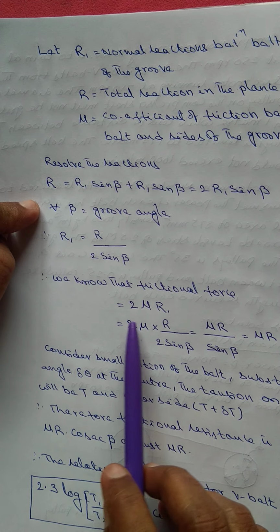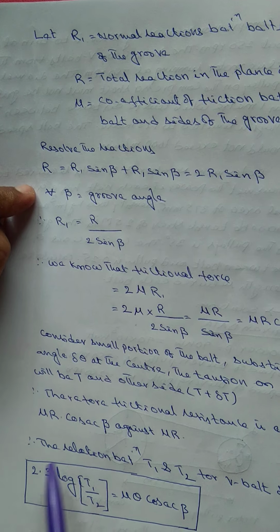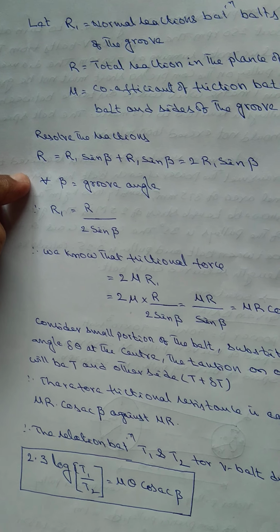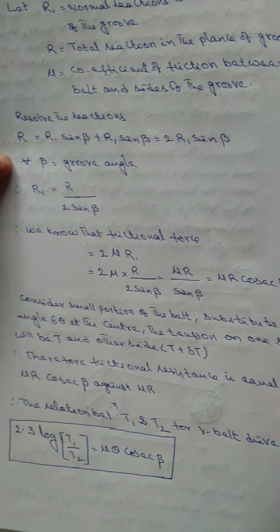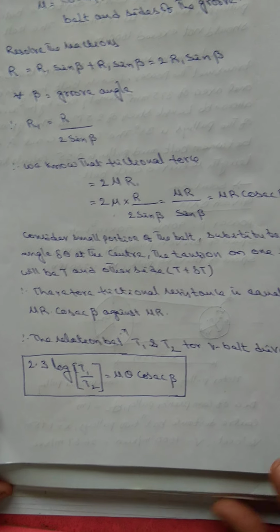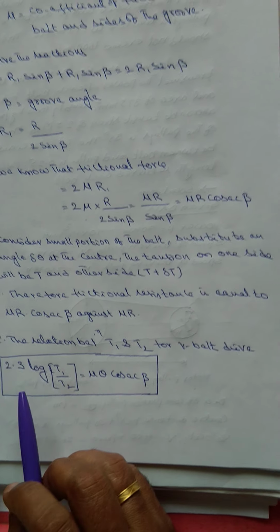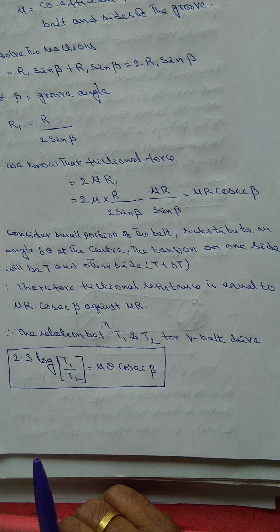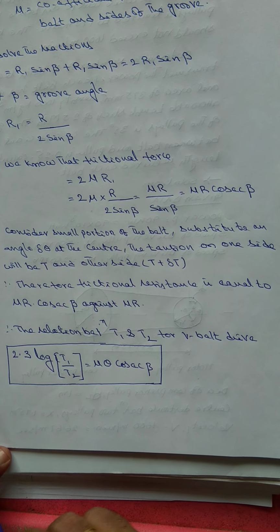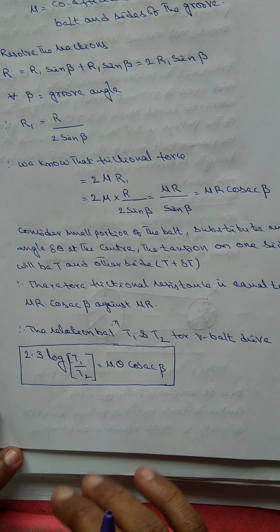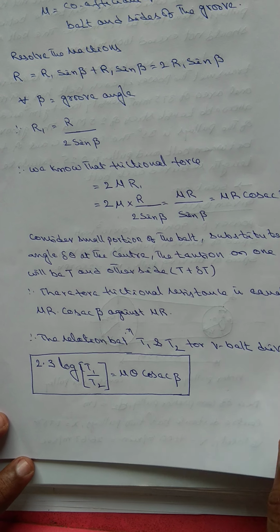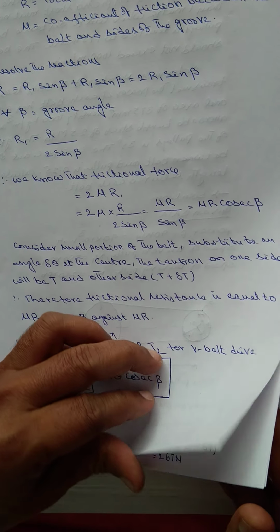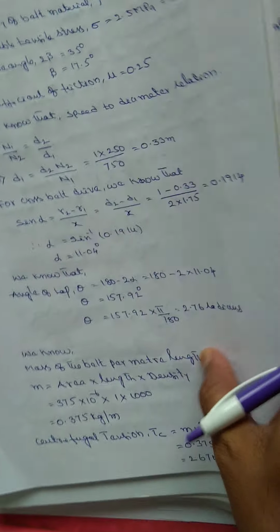We know the friction is 2 mu R1, that is 2 mu into R by 2 sin beta, equal to mu R by sin beta, that is mu R cosecant beta. So the relation between T1 and T2 in a V belt is 2.3 log T1 by T2 equal to mu theta cosecant beta.